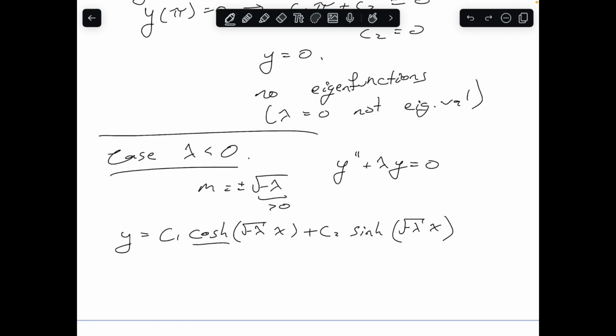So the first derivative of this would be square root negative lambda times sinh. Oh, sorry, that should have been sinh.